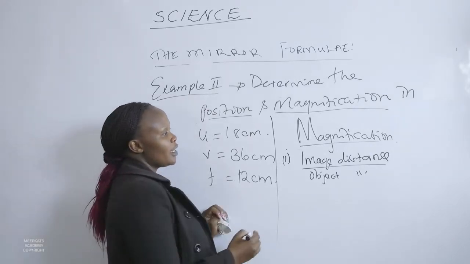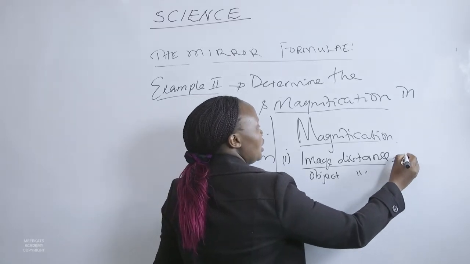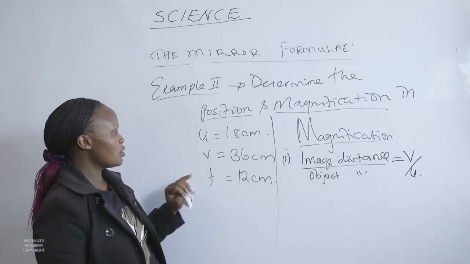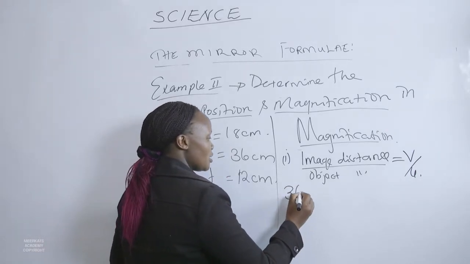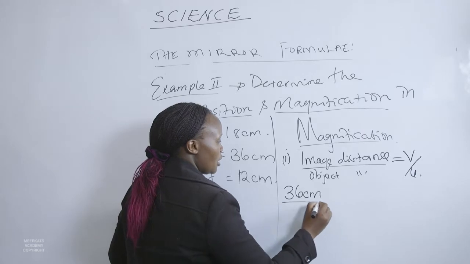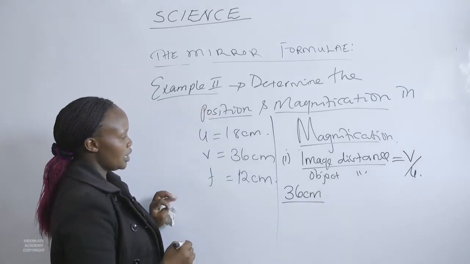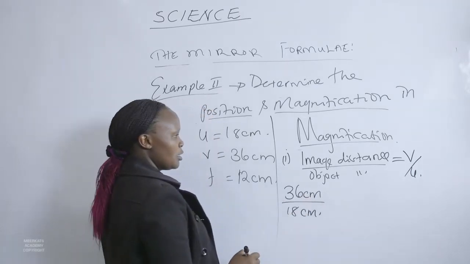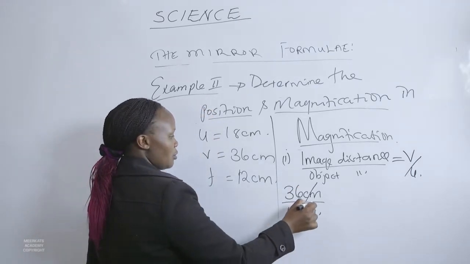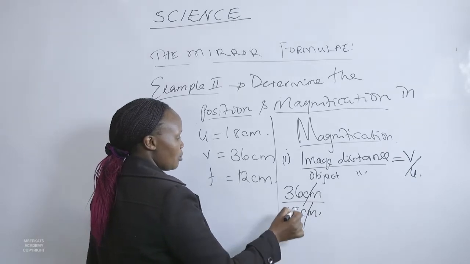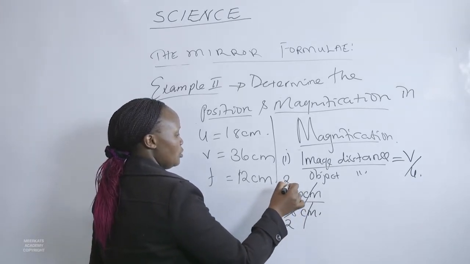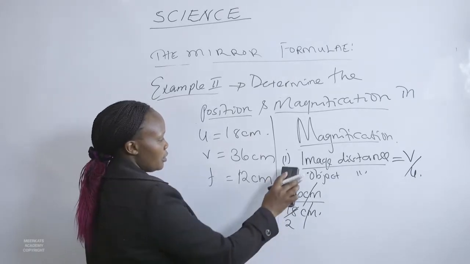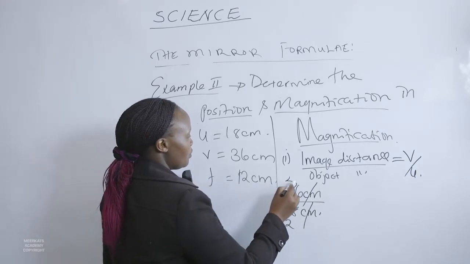Now, the method number 1 on how to go about getting magnification is where we compare the distances. In this case, V over U. Our V was found to be 36 centimeters, and our U is 18 centimeters. So we can go ahead and cancel where possible. So that now we go by 9, 2 by 9, 4.